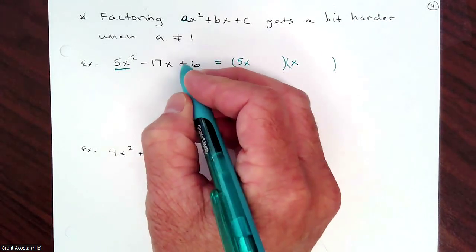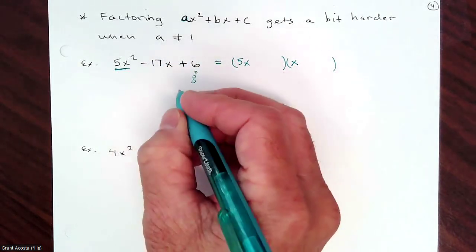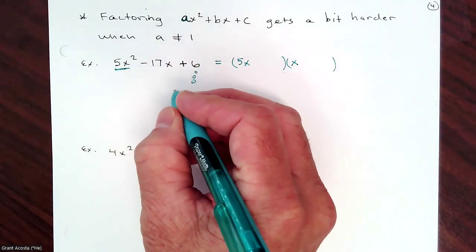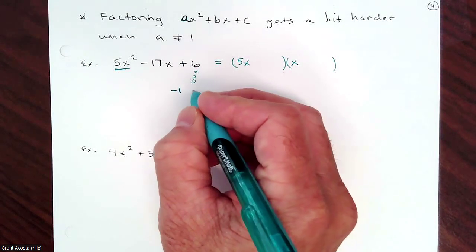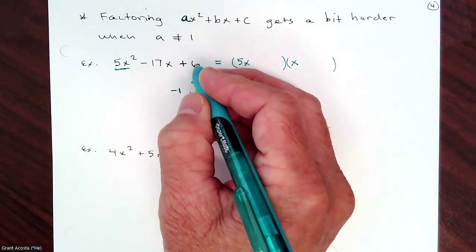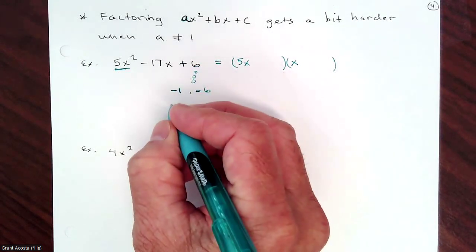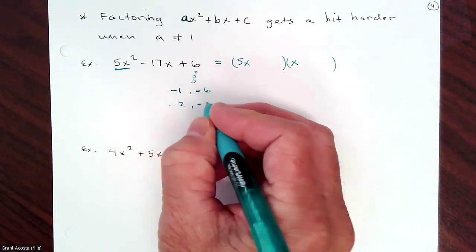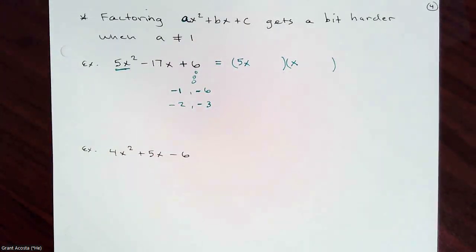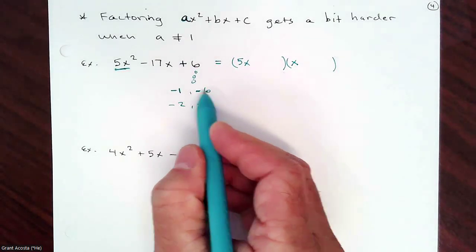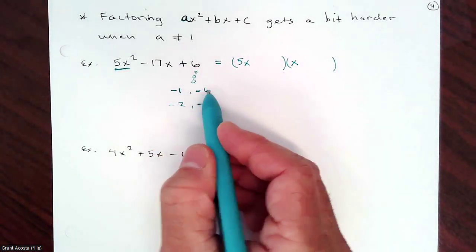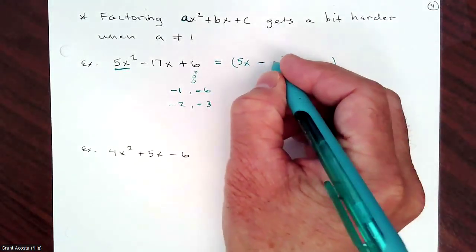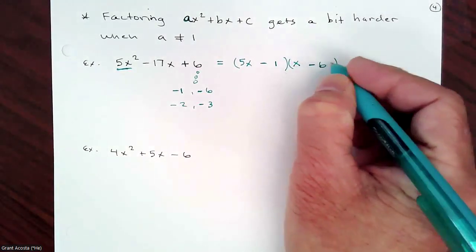Now, if they multiply to positive 6, but the middle term is going to be negative, then I have to be thinking of negative numbers. So I'd be thinking of negative 1 and negative 6, which multiply to positive 6, and maybe negative 2 and negative 3. What I mean by trial and error is, if you went with negative 1 and negative 6, you might try minus 1 here, minus 6 there.